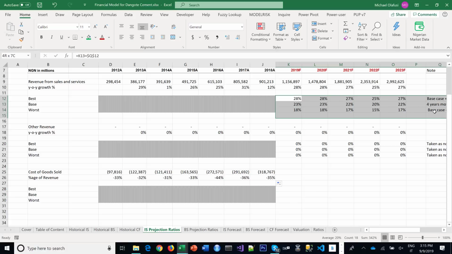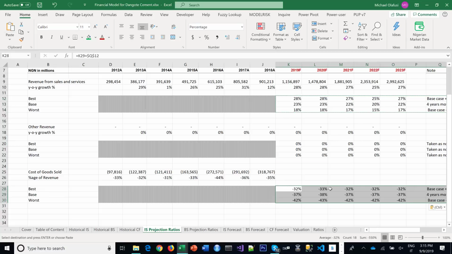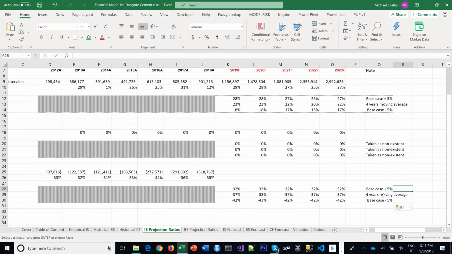So I can copy all of this and paste here. Maybe the only difference is I don't think I will use a whole 5% up and down, because typically you can't bring down your cost of sales as percentage of revenue drastically like that without some really interesting changes, especially a company that has been around for long. So I'm just going to say maybe up and down by 2%.